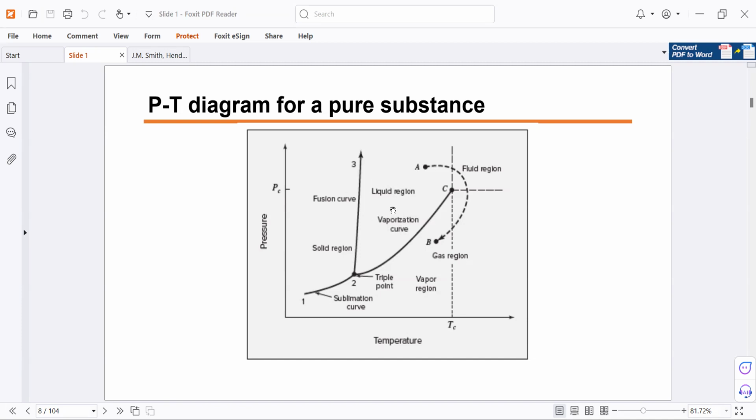I can choose two properties, pressure and temperature. If I choose a temperature, I can go vertically choosing any pressure. If I choose a pressure, I can also choose horizontally any temperature. So that's degrees of freedom equal to 2.